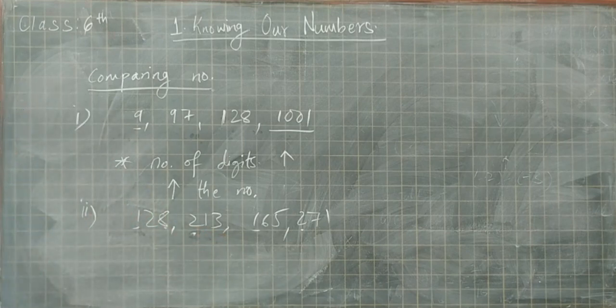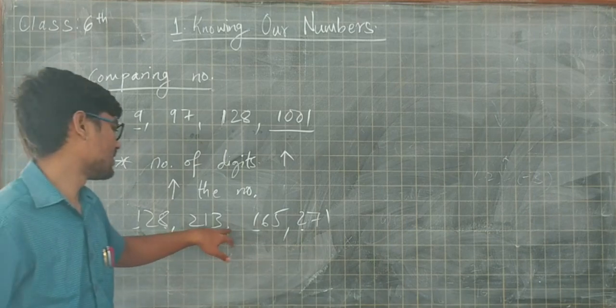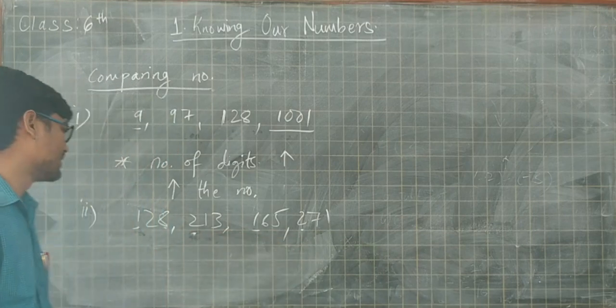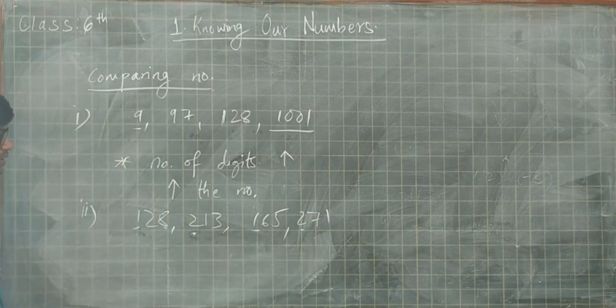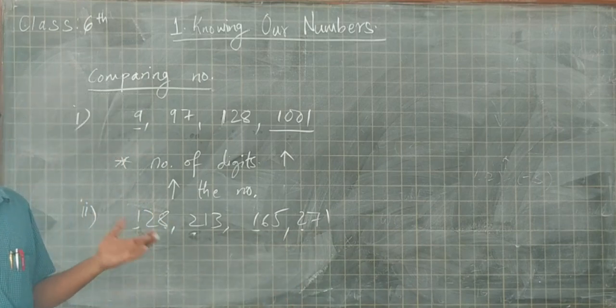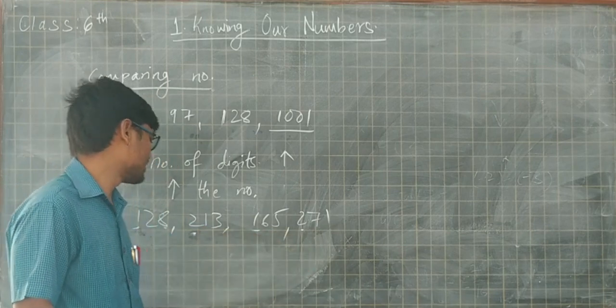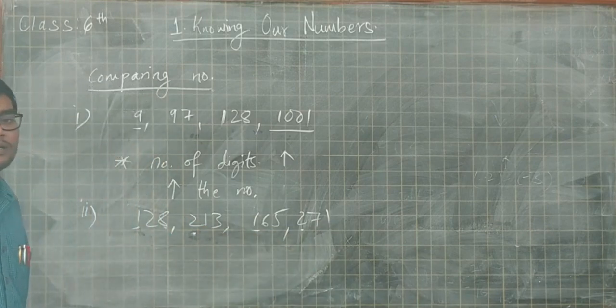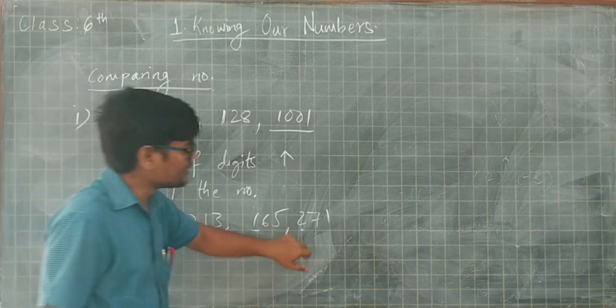So the next thing which helps us is the position of digits at the larger place values. By comparing the digits at larger place values, we can decide which number is greater. But again, we have two numbers which have the same digit in hundreds place.